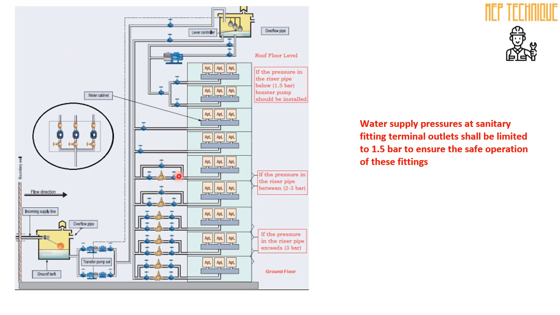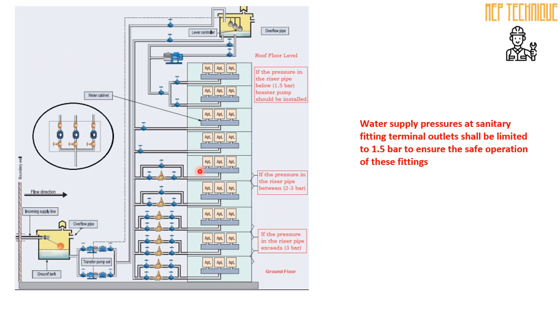install a pressure relief valve. The pressure relief valve is a pressure activated valve. We can set the pressure here. If we set the pressure the same for all floors, like here also 2.3, here also 2.3, all the floors will be getting 2.3 bar to 3 bar pressure, which we can set as per our requirement.